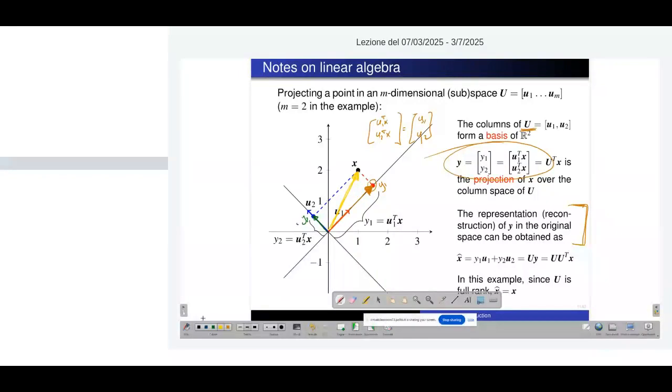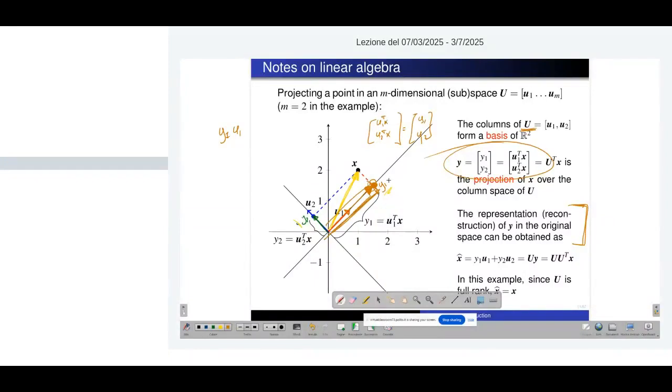So if I want to represent x starting from y1 and y2 in the original space, I just need to first represent this projection in the original space. But this point here in the original space is what? It's y1 times u1. To get here in the original frame, what do I have to do? I have to take y1 and multiply it by the length of this segment.